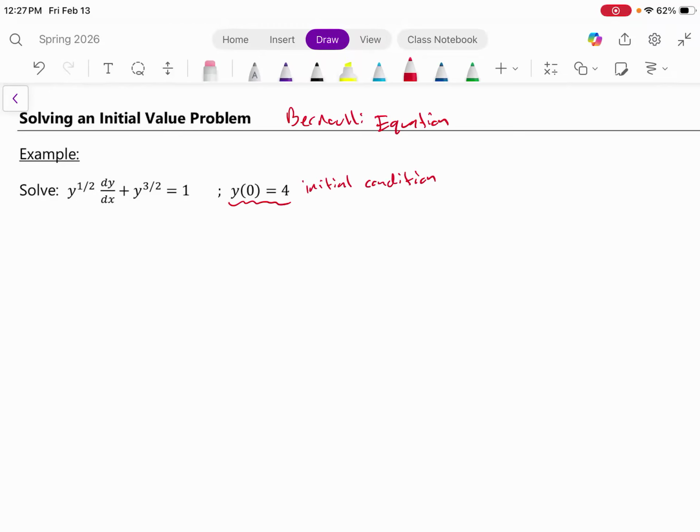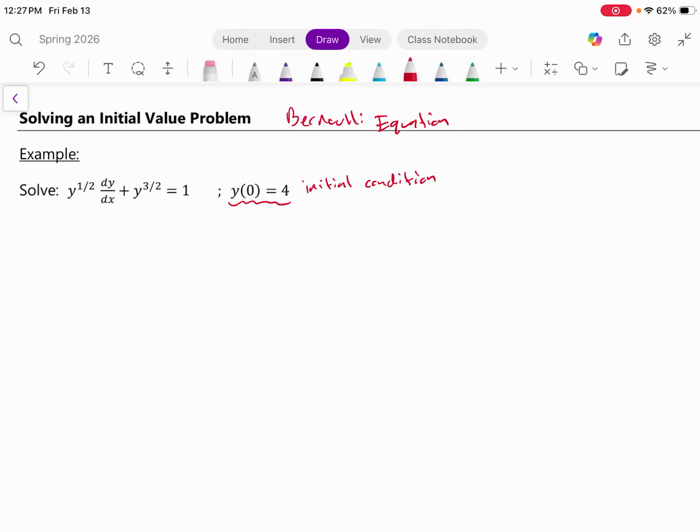Okay, so we want to solve the differential equation y to the 1/2 dy over dx plus y to the 3/2 equals 1. So we've got a couple of y's to a power here. First thing we always want to do with the Bernoulli equation is get this into standard form.